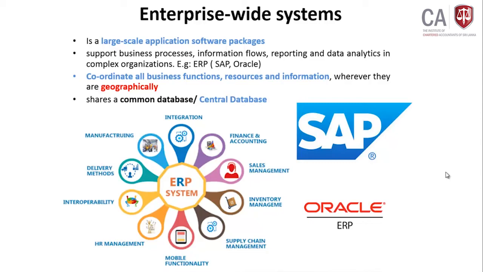But one thing is important: it shares a common database, that is called the central database. So even if you do the transaction in Kandy, that data will appear in the main system.